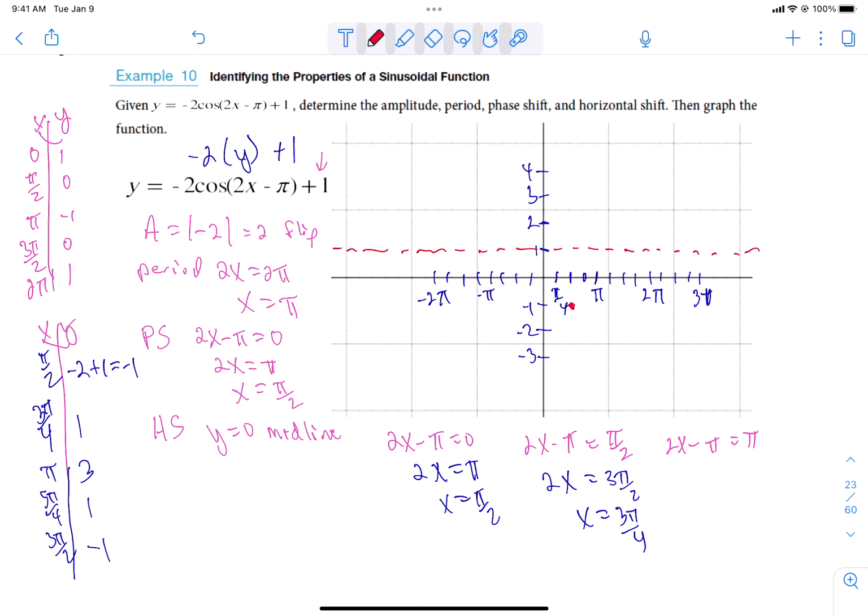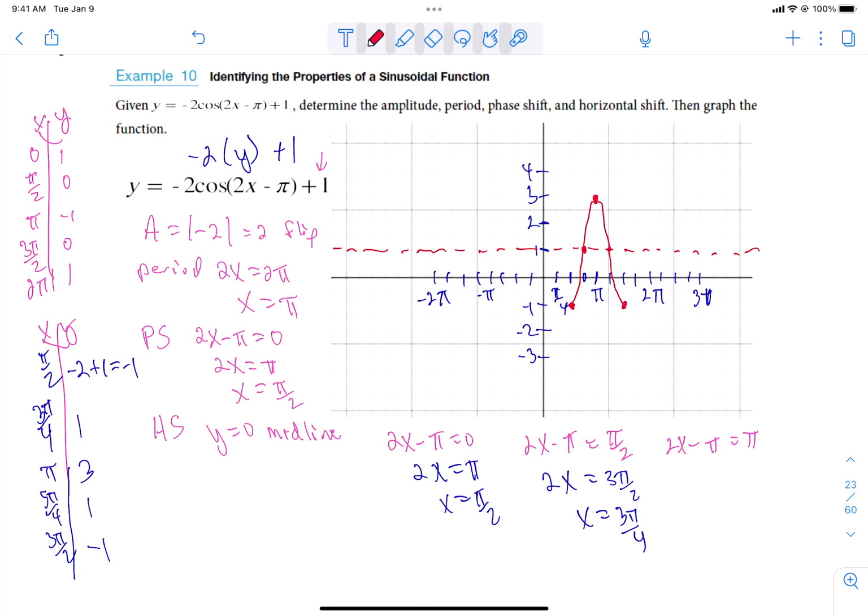At 3 pi over 4, we're at 1. At pi, we're at 3. At 5 pi over 4, we're at 1. And then we should get another half bump at 3 pi over 2, which is 6/4, which is right there, and we're at -1.